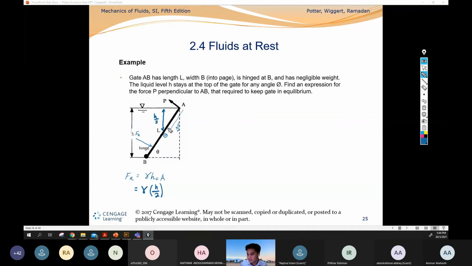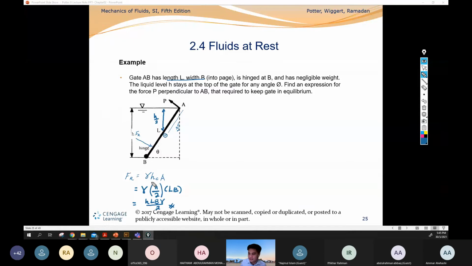What's the area of this plane? L multiplied by B, which is L B. Simplifying, Fr is H L B gamma over 2. So now you have found the resultant force. It is pretty easy, right?